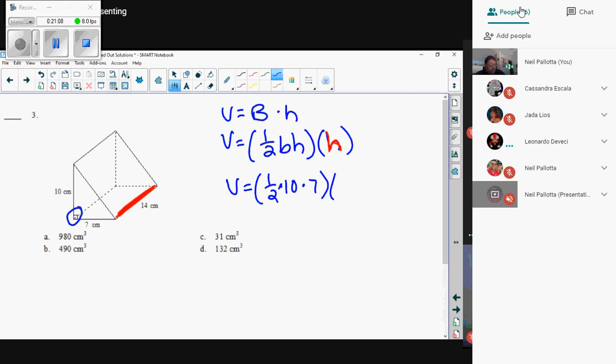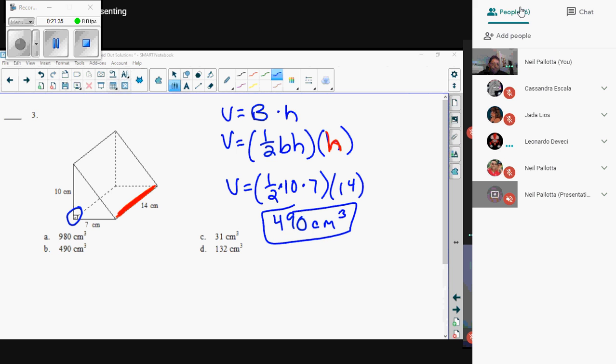And then we multiply by the height of the prism as it sits on the base. That's going to be 14. So when we multiply the 1/2 times 7 times 10 times 14, that's going to be 490, and those are cubic centimeters.